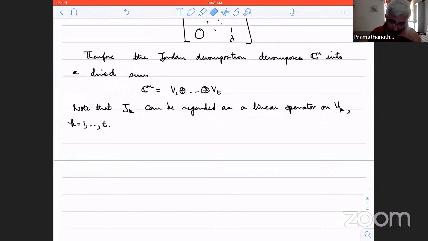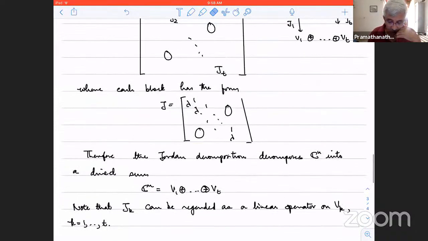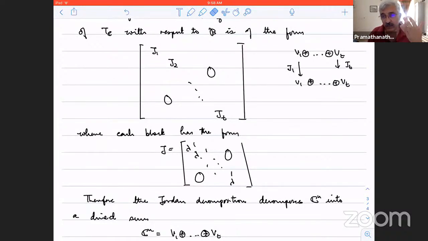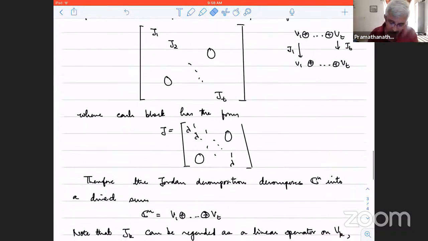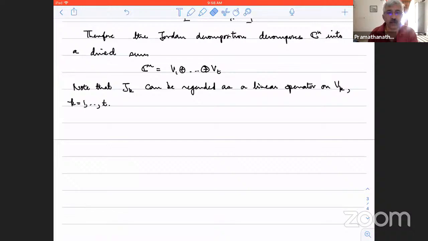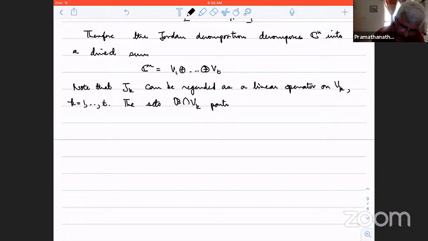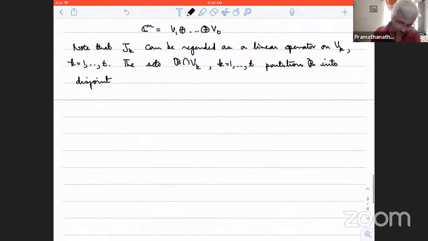Okay. So this can be regarded as a linear operator on VK. So the J_i's are like that, and the sum of the J_i's is going to be T. Now the sets B intersection VK partition B into disjoint sets, sorry.